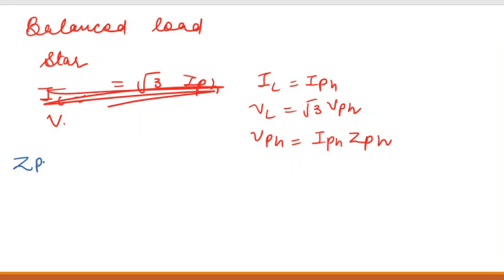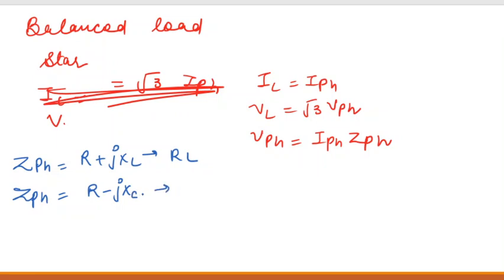ZPH is in the form of R plus JXL if R and L are given, and ZPH is in the form of R minus JXC if it is in the form of RC.